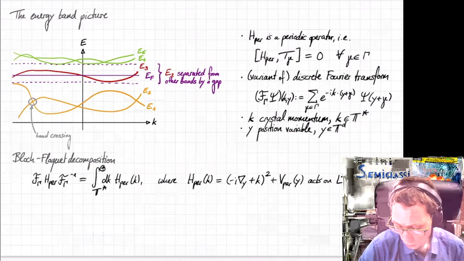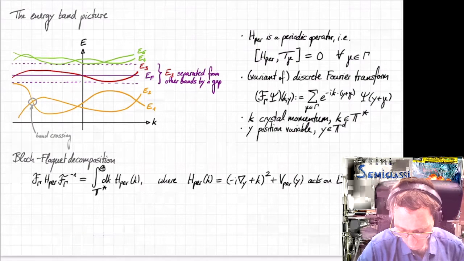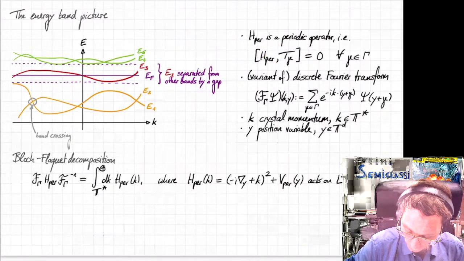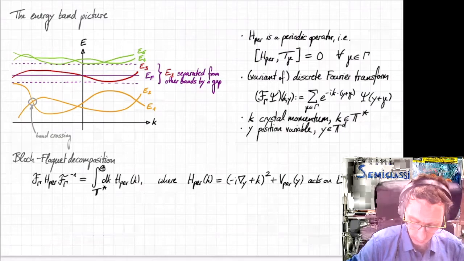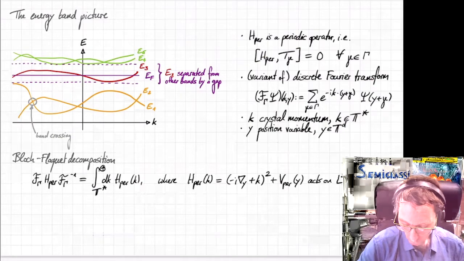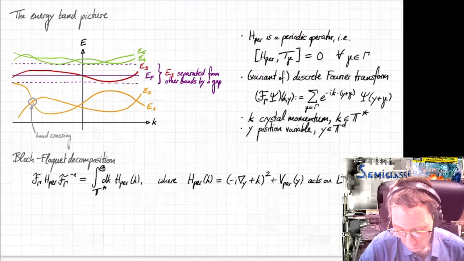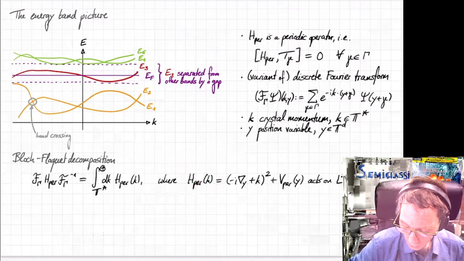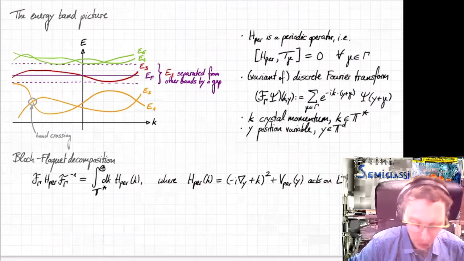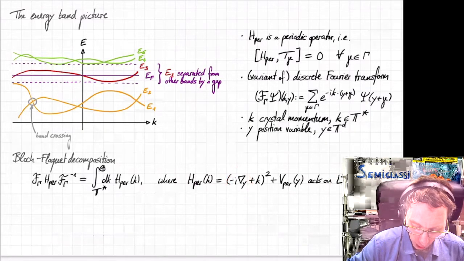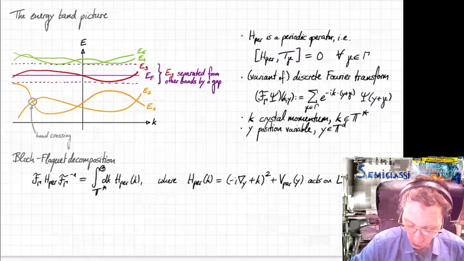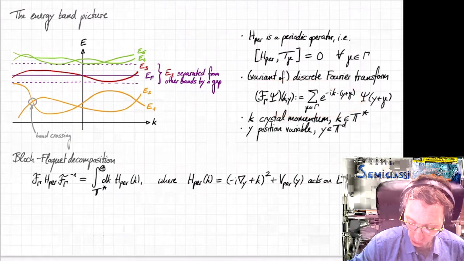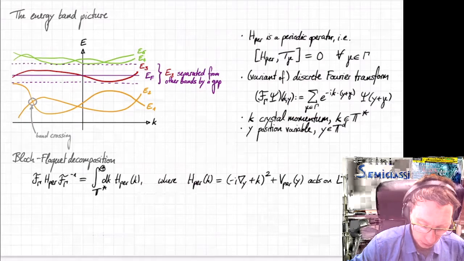This torus here is the torus in Y. So this operator depends parametrically on crystal momentum K, and it acts on a Hilbert space in the variable Y.